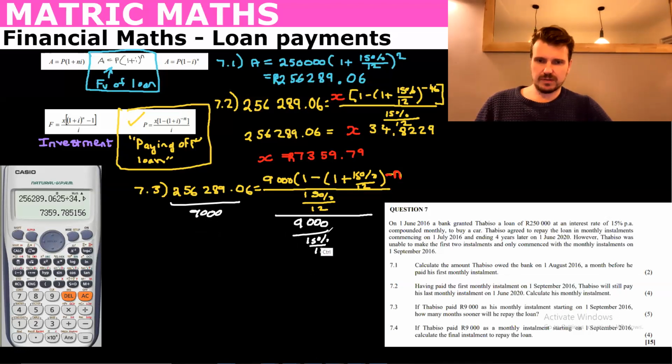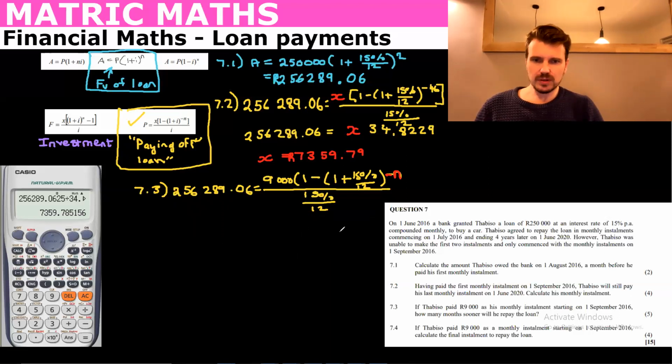So what I want to do is get this bit by itself, whatever I've got in red, the brackets bit and the minus N. Okay, so let's see how I put that in my calculator. We'll clear what we've got.